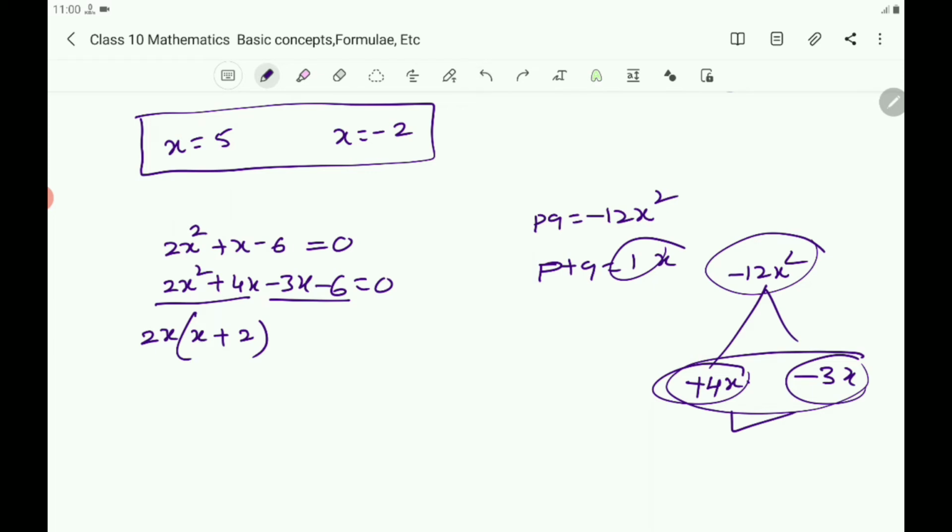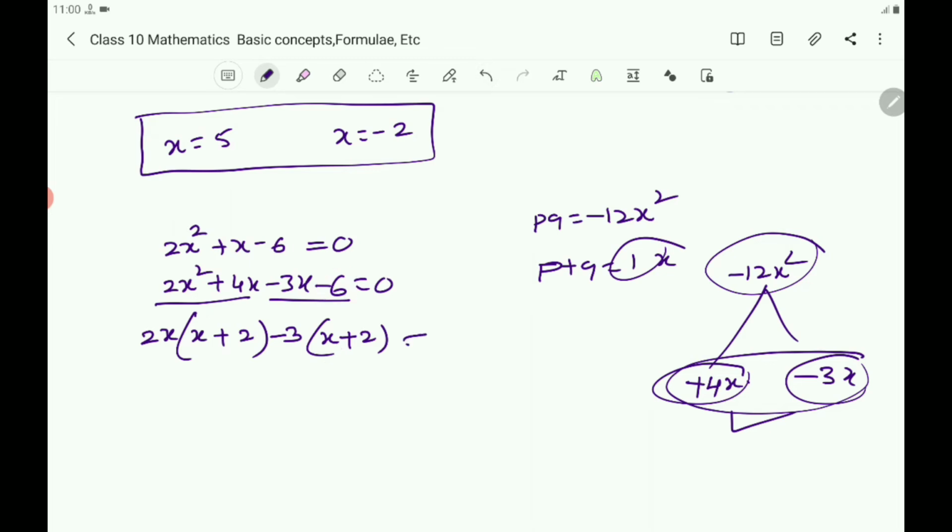And here you take minus 3 common, so again you will get x, and the sign changes, plus 2. So minus 3 into x plus minus 3 into 2 is minus 6.